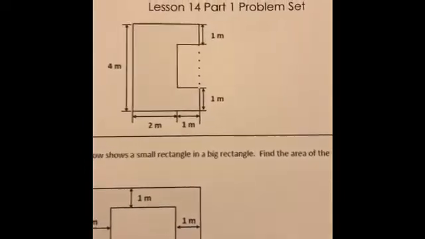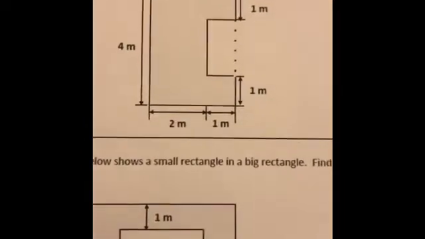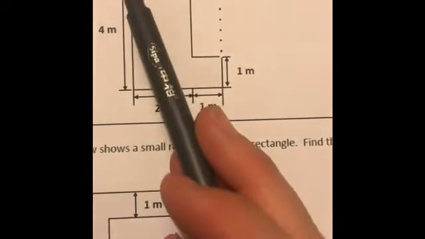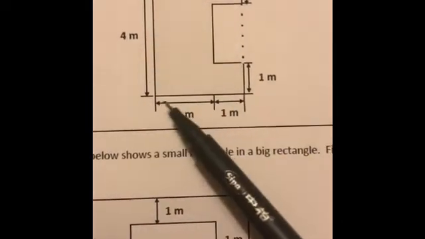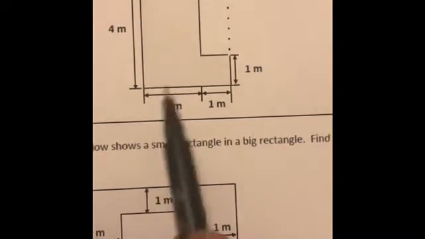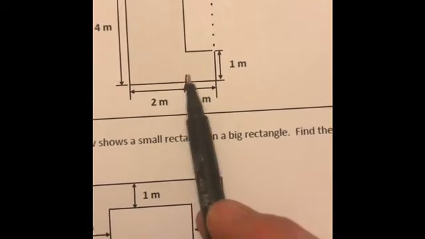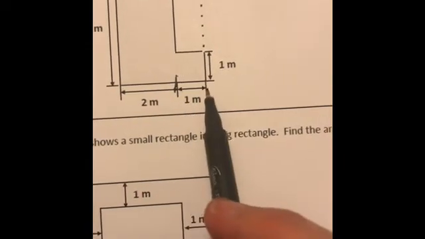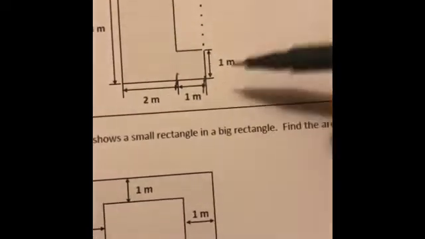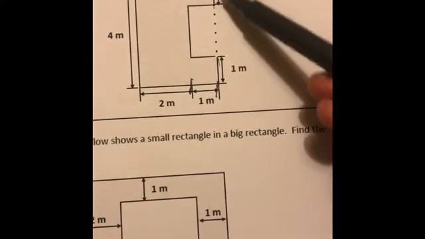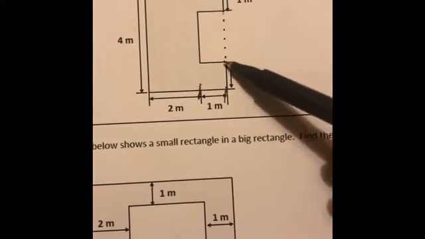The first thing I need you to do is label it. Now, take a look. We know that this side is 4 meters. We know that this part is 2 meters and that this part is 1 meter. We know this side is 1 meter. We know this side is 1 meter, but we don't know what this is.